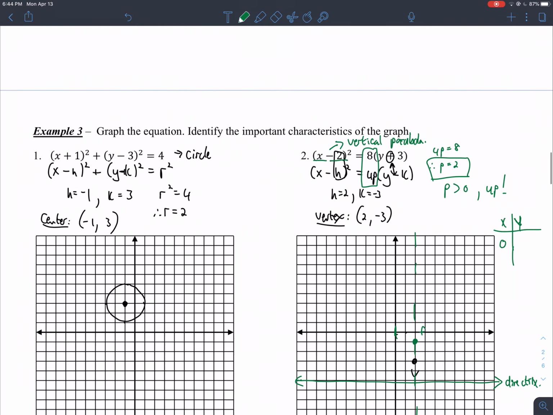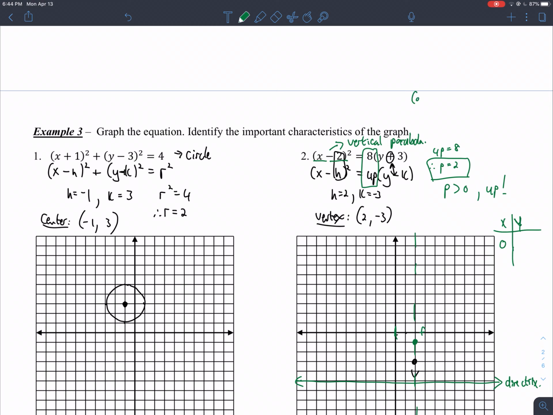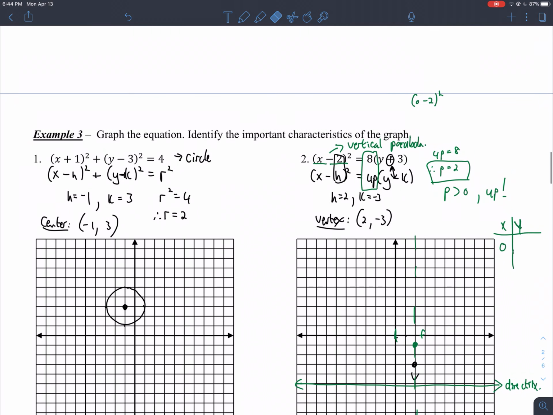Oof, that's some work. I get 0 minus 2 squared equals 8 times y plus 3. Okay? And if I do that, I get 4 equals 8 times y plus 3. So I get a half equals y plus 3.